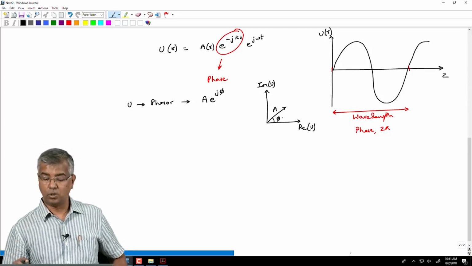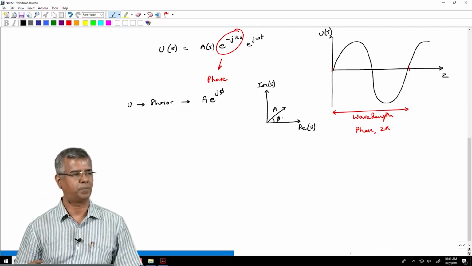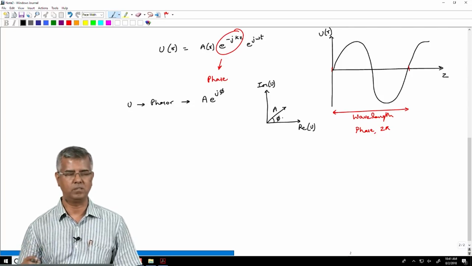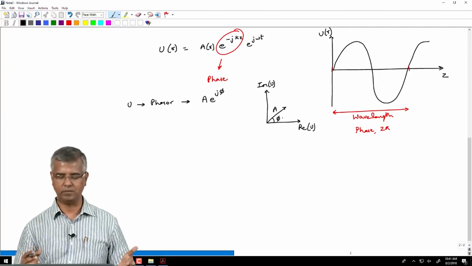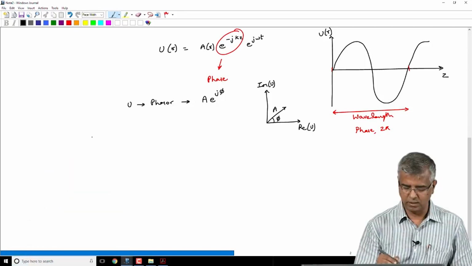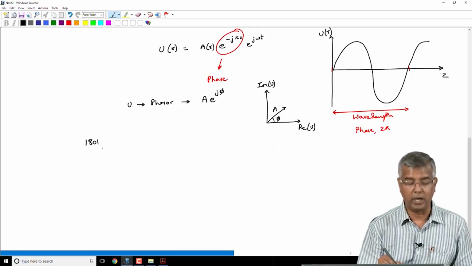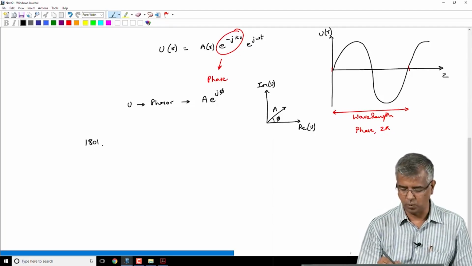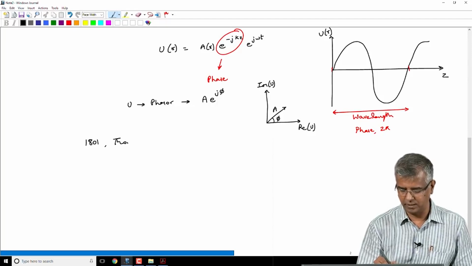Now with this we can explain what happens when two waves come together. It is amazing that this experiment was done as early as 1801. This person, Thomas Young, did this experiment.